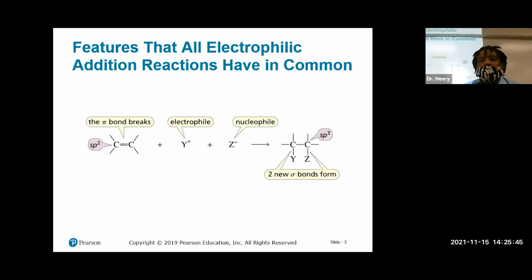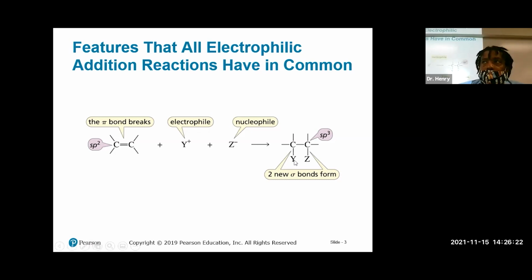Okay. So again, your pi bond is going to act as your nucleophile. It's going to interact with your electrophile, forming a cation, and then that cation is going to be attacked by the nucleophile, which adds to that other carbon.